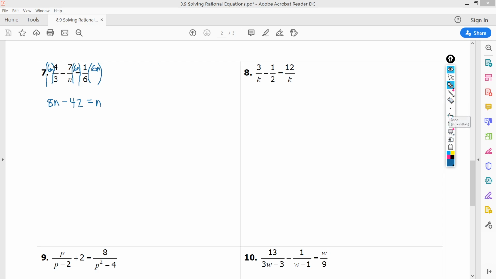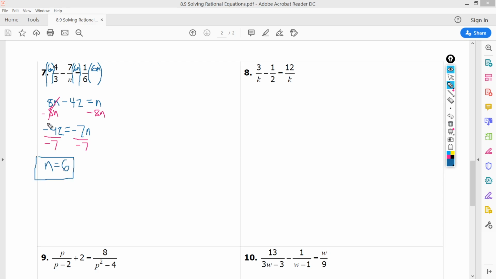Now I'm going to subtract the n on both sides. Actually, it makes more sense to subtract the 8n. I'll subtract the 8n on both sides. These cancel, and now my new equation is negative 42 equals negative 7n. I divide both sides by negative 7 and I get n equals 6.